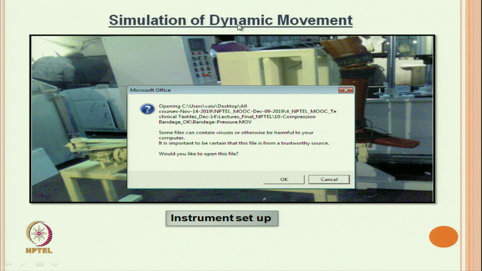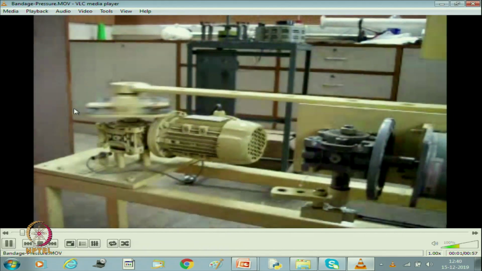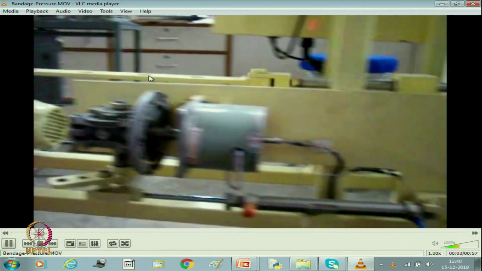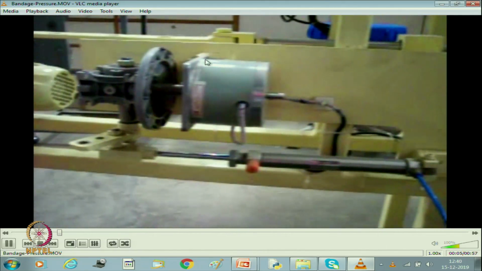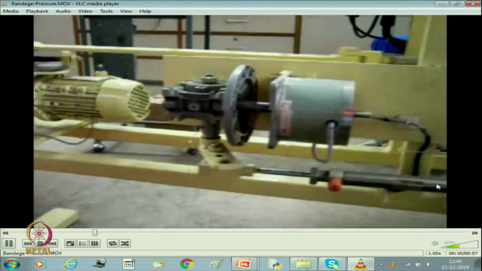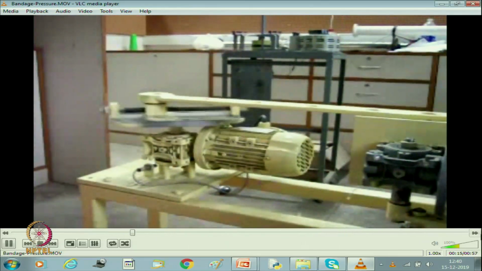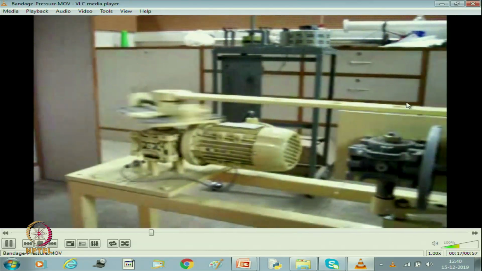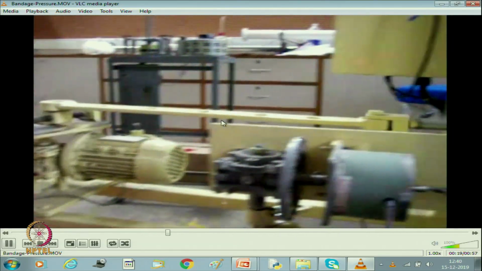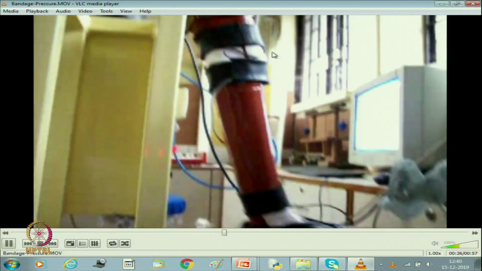Now, we can see the video here. This is the crank arrangement, and another we can see here, this is one pneumatic cylinder. This moves at slow rate, and here this is the crank arrangement which is moving at faster rate. Now, you can see here, this is the type of movement created.